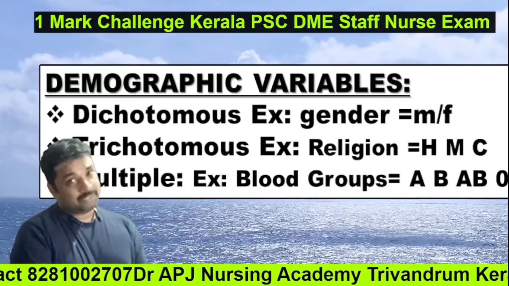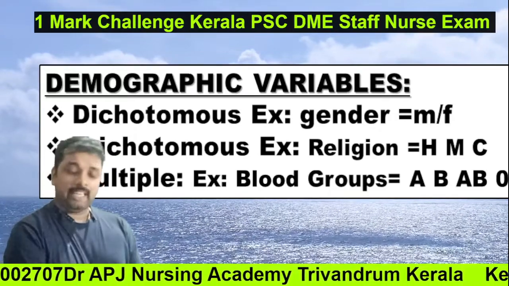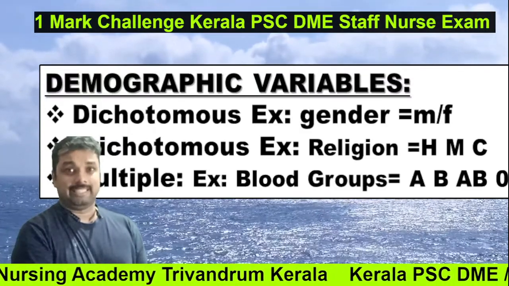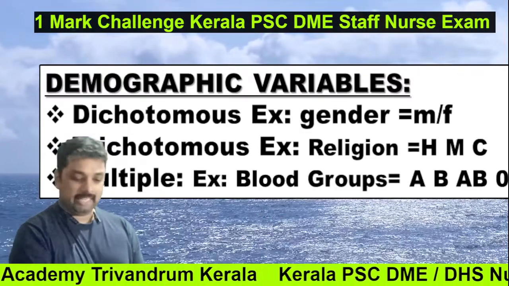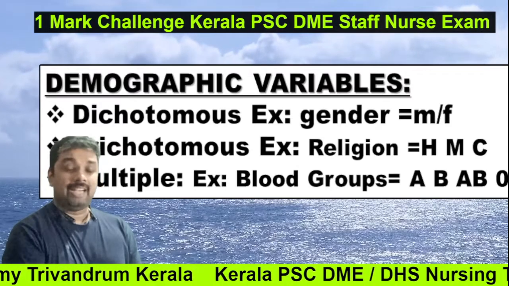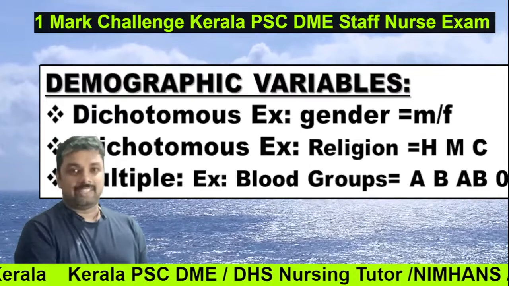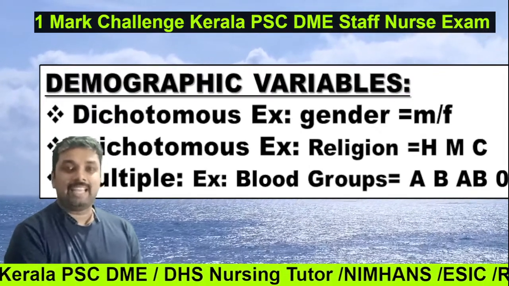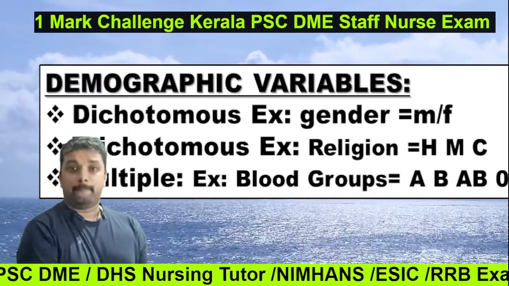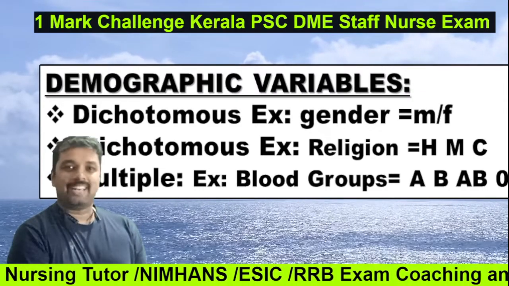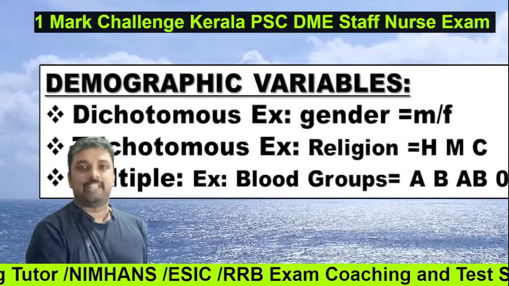A trichotomous variable has three options in data collection, for example religion: Hindu, Muslim, Christian. Next, multiple variable means more than three options, for example blood group A, AB, B, O.